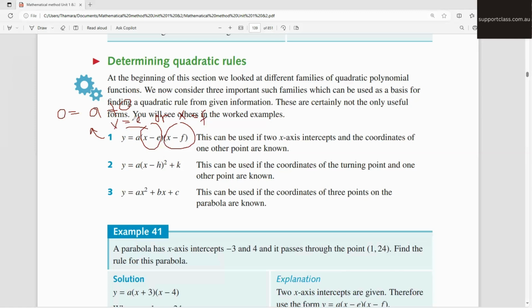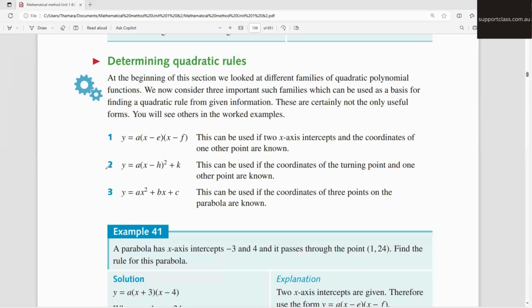That is what you call solving for the value of x. It could be either e or f. That's what you call the null factor theorem. If you know the values of e and f, then you can find the x-intercepts of the parabola. If you don't understand that, just wait and see how we do it.